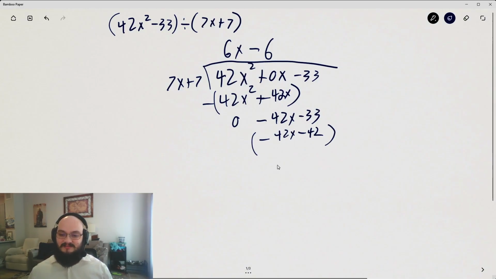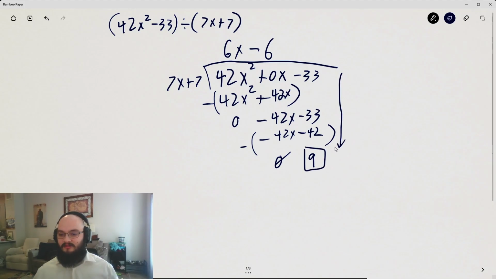Negative 42x minus negative 42x is 0, and then we have negative 33 minus, because remember this is subtracted, minus negative 42 will leave us with positive 9. And finally, since we have this remainder with nothing else to drop down, we're going to add this in with 9 over 7x plus 7. Our denominator becomes this binomial over here, and our remainder is the numerator.